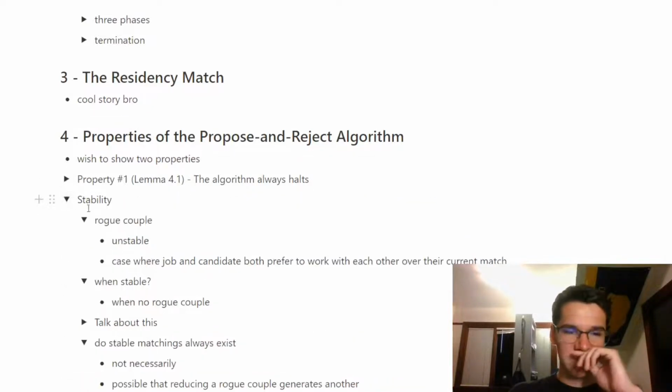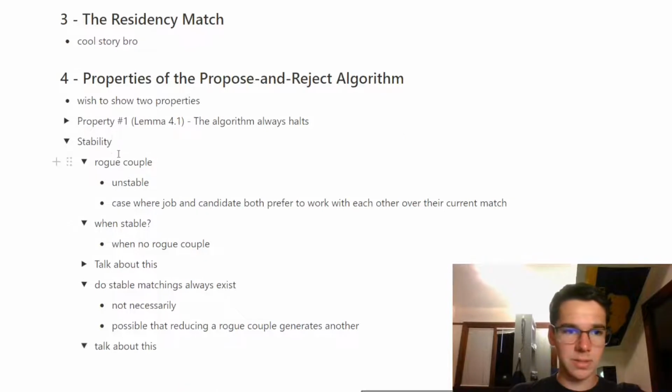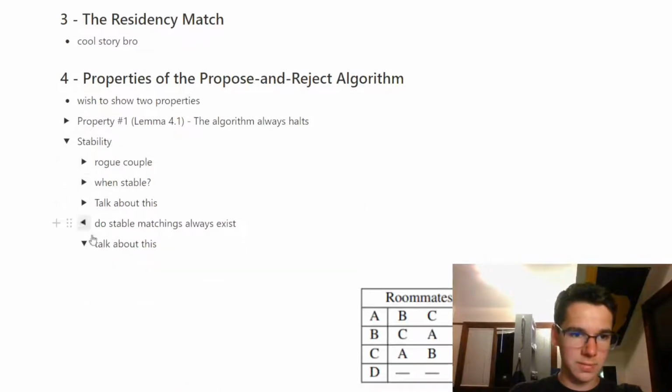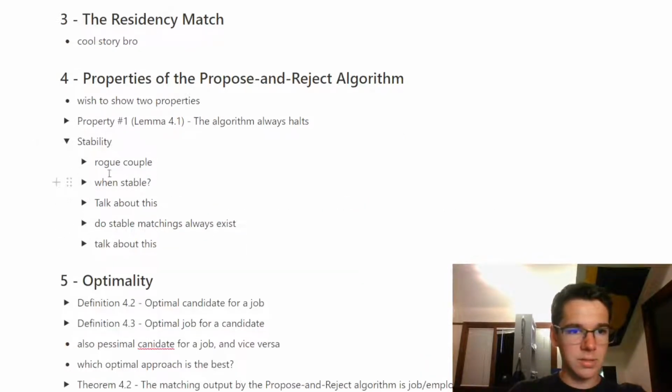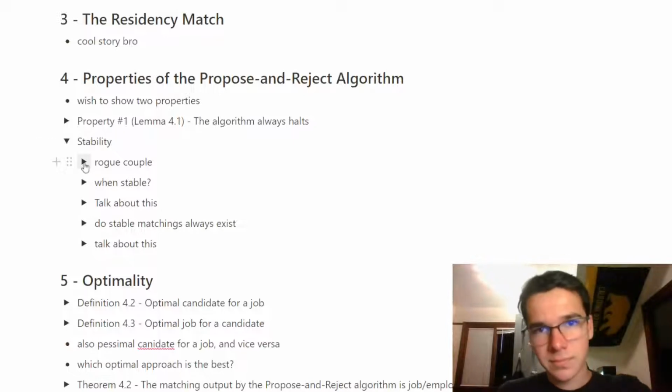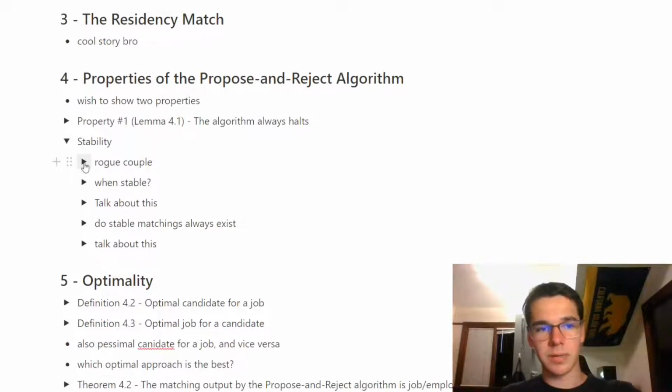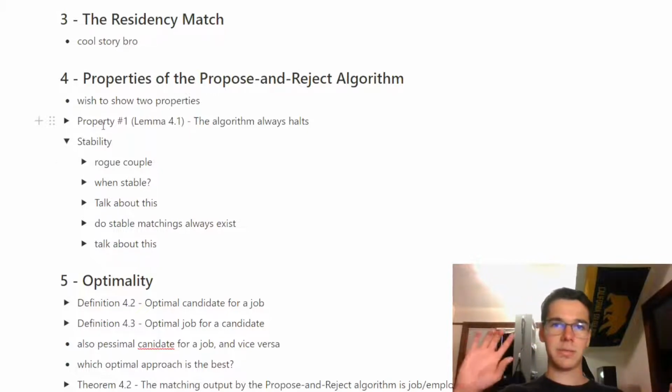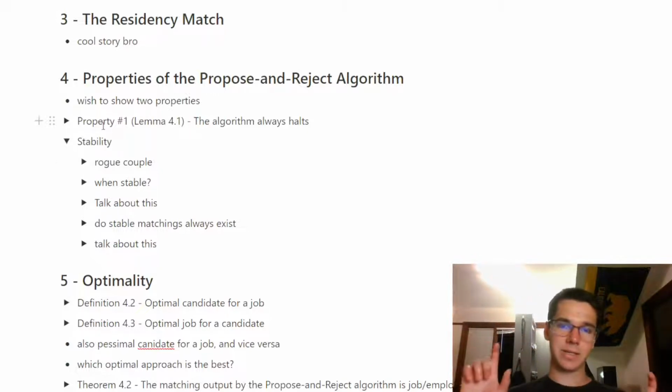The next property we wish to show is stability, but we sort of need to understand a couple of different definitions. So, what is a rogue couple? A rogue couple is when, say we have some job J that's paired with a candidate, and we have some candidate C that's paired with some other job. A rogue couple is when this job J would rather be with this candidate C, yet they are both with some other job or candidate.